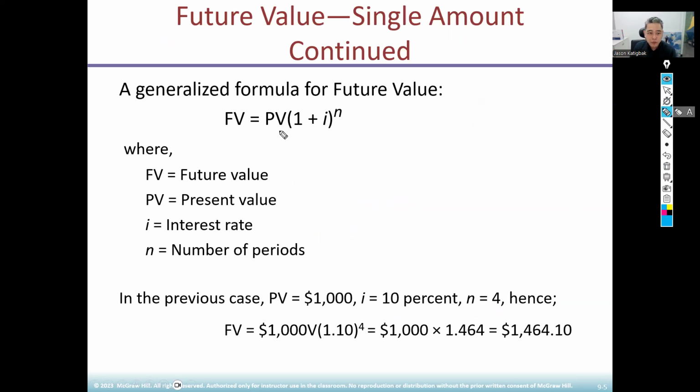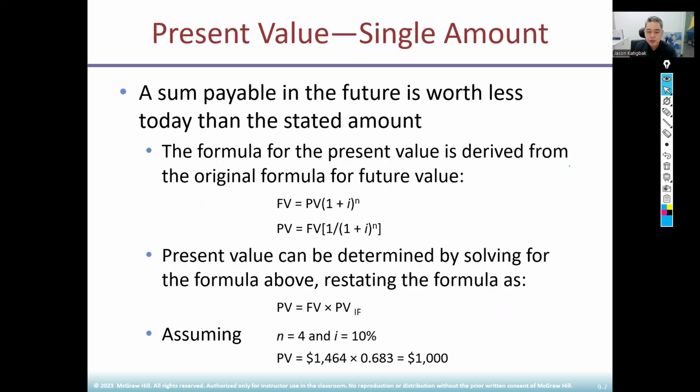We know before it's the present value multiplied by 1 plus i to the n power. So if we do the same formula, if we cancel it out on the equation, the formula to compute the present value of a single amount will be the future value multiplied by 1 over 1 plus i to the nth power.